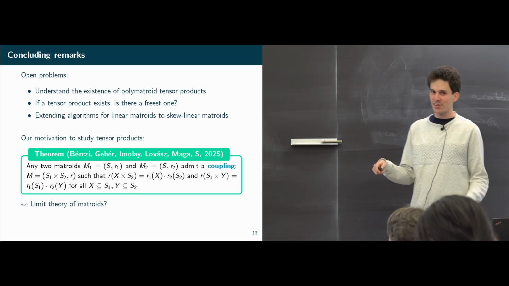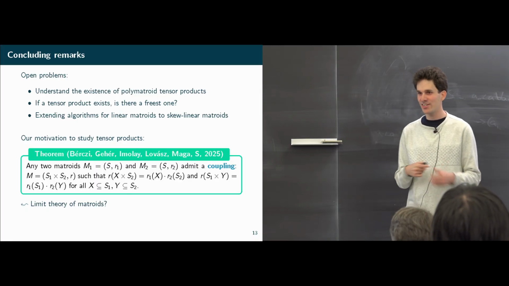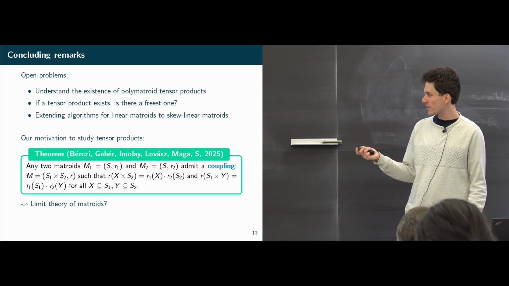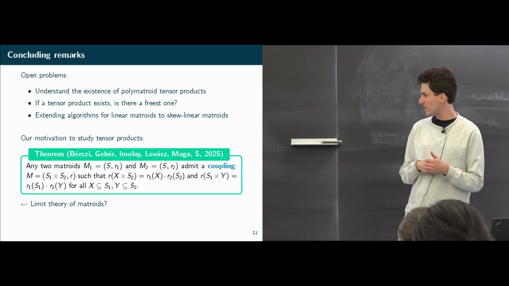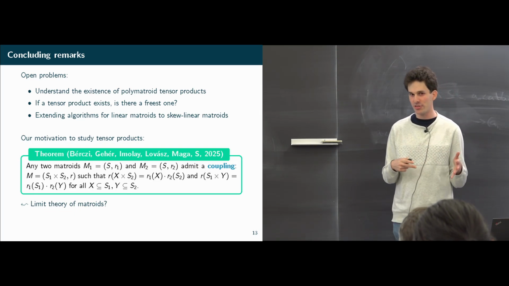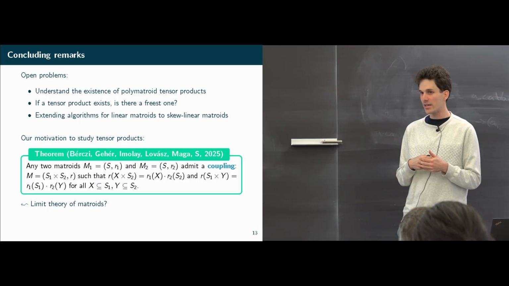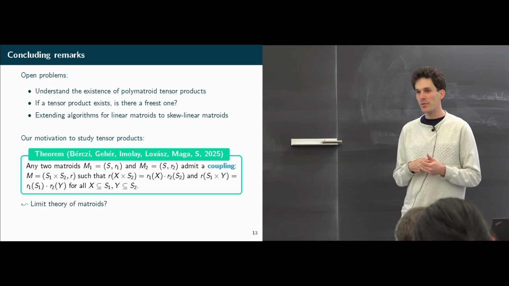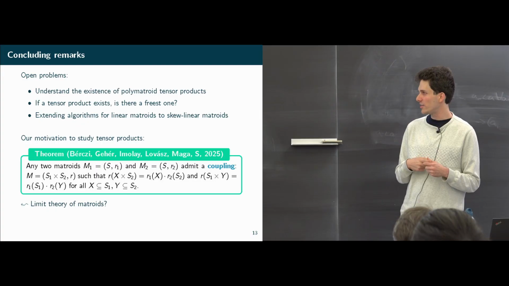And then the final explanation why we started this is because László Lovász and many other people around him are developing this limit theory of matroids. They have some notions of matroid convergence, but they didn't define a limit object yet.